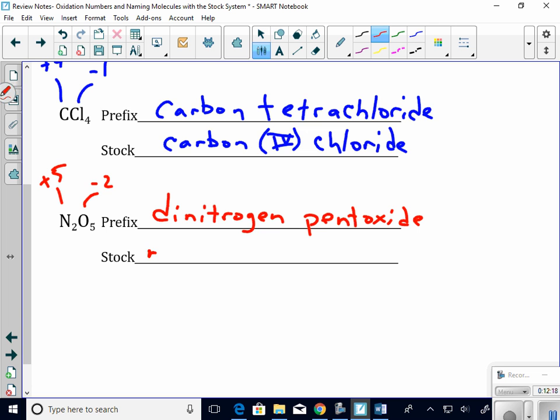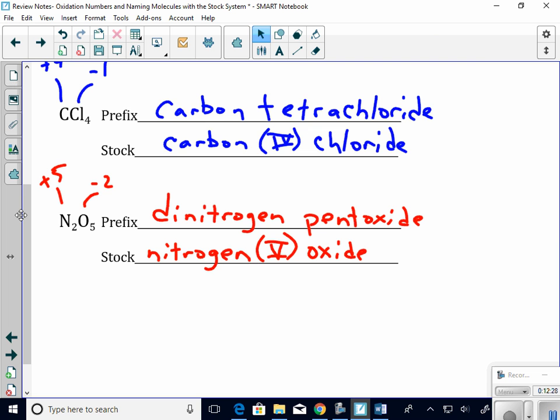So it's going to be nitrogen 5 oxide. So if you know your oxidation numbers, this should be pretty easy, shouldn't it? That's why we did that oxidation numbers beforehand.